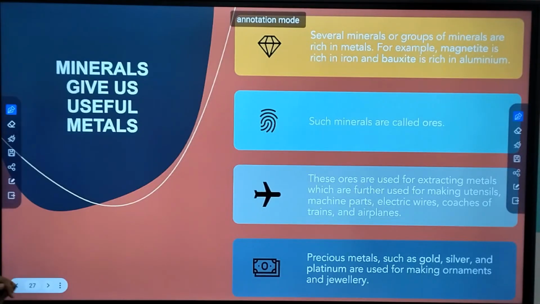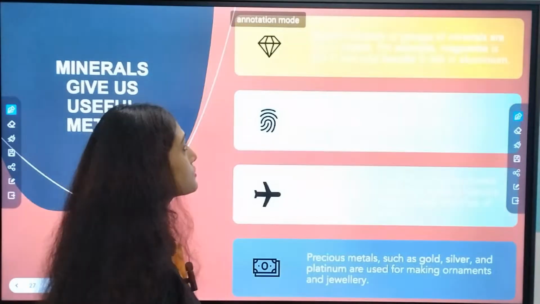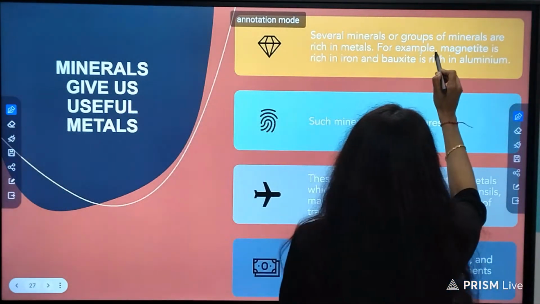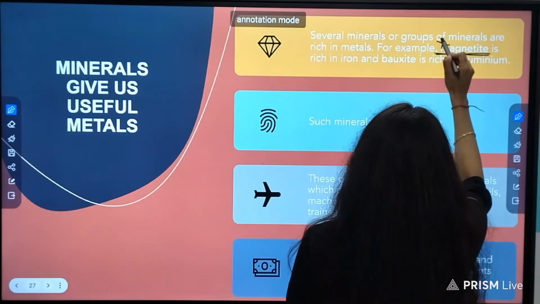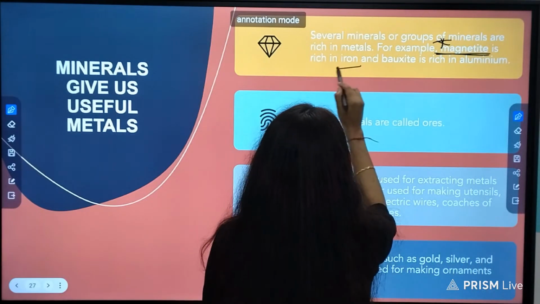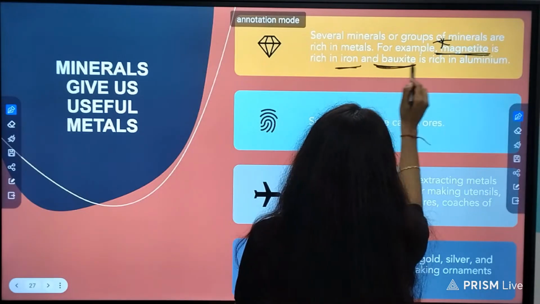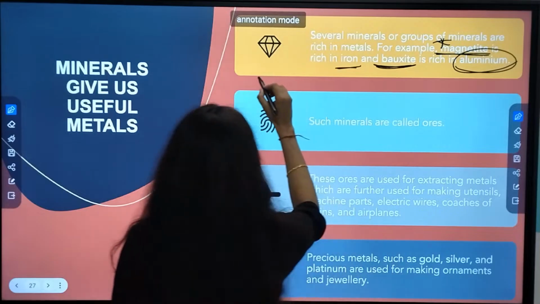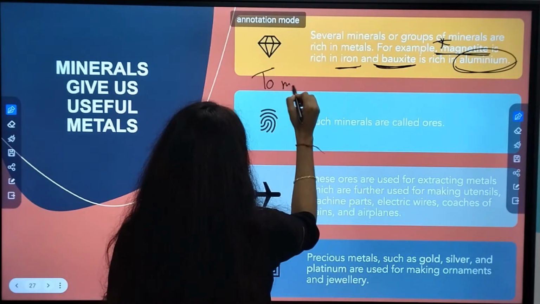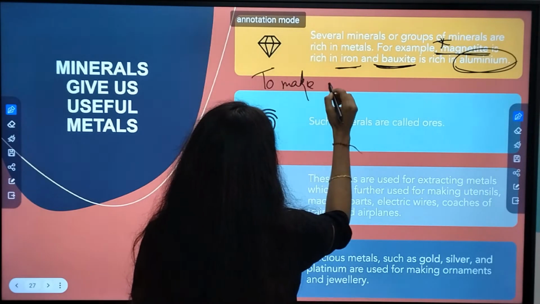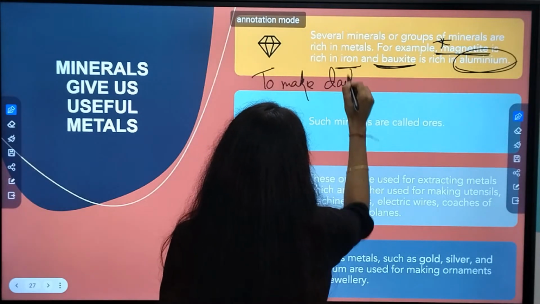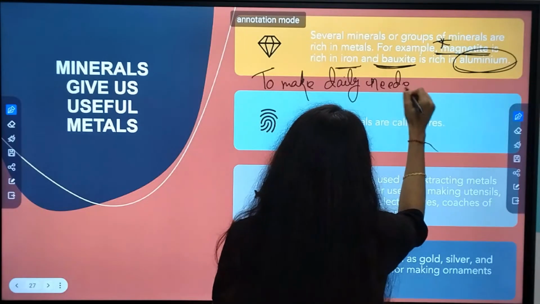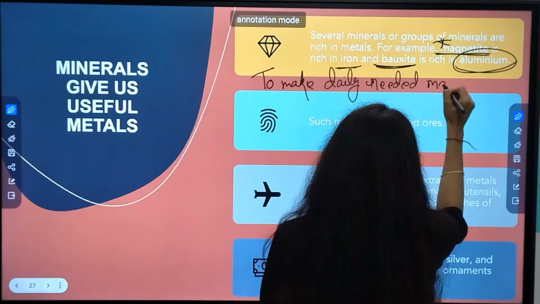Minerals give us useful metals. Several minerals or groups of minerals are rich in metal. For example, magnetite, this you have already learned, is rich in iron, and bauxite is rich in aluminium, which is used to make daily needed materials.